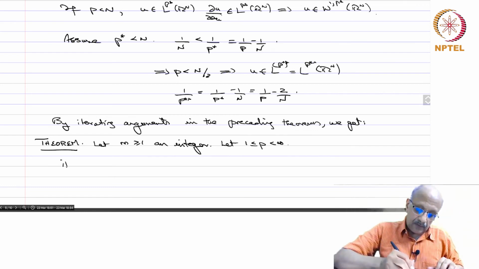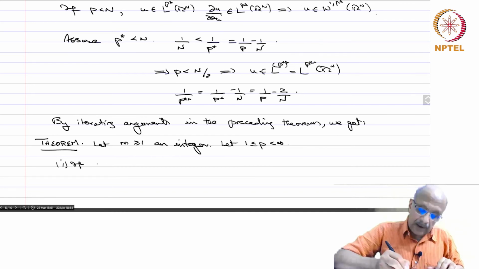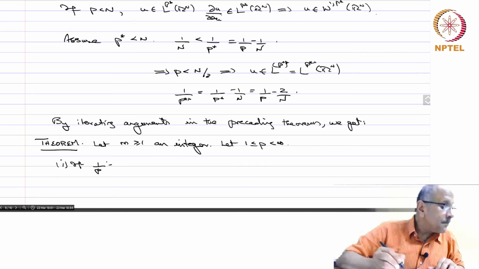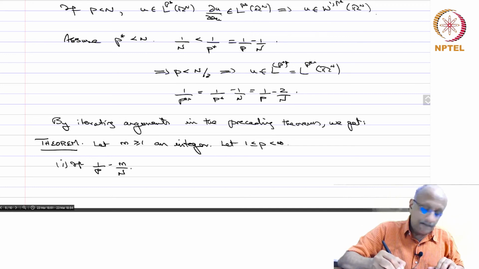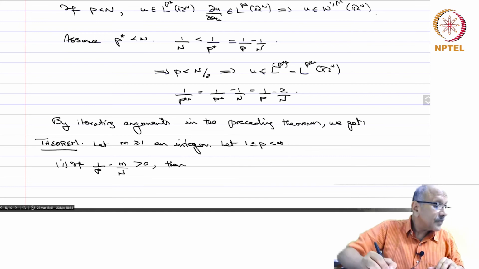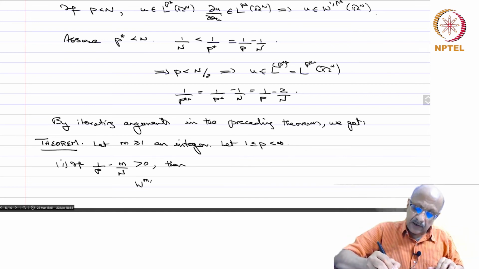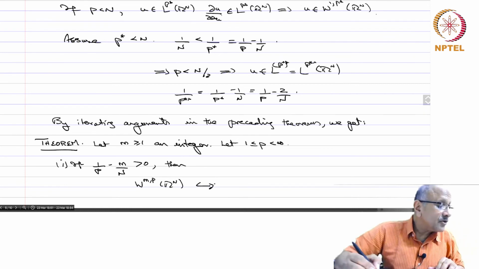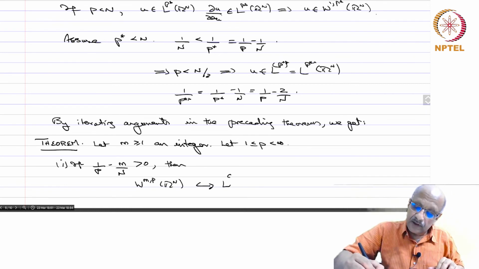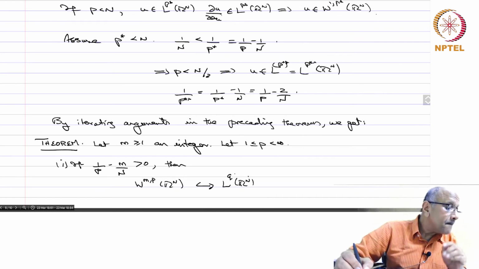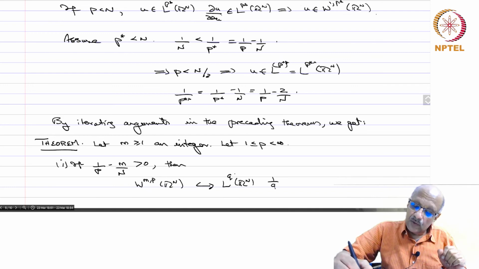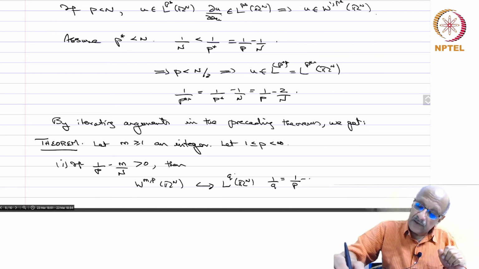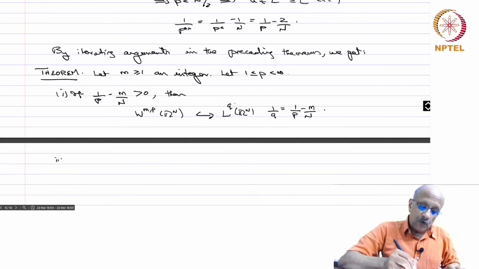1. If 1/p minus m/n is greater than 0, then W^{m,p}(Rn) is continuously embedded in L^q(Rn), where 1/q is equal to 1/p minus m/n. 2.